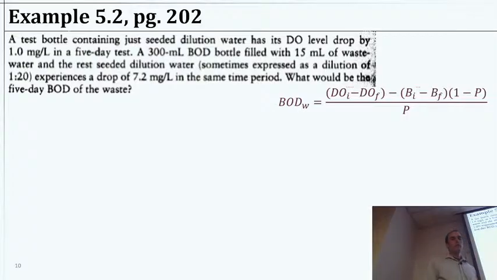And that one experiences a drop of 7.2 milligrams per liter in the same time period. The question is, what would be the 5-day BOD of the waste? So take 5 minutes and work on that. Should be able to do this given what we just talked about.